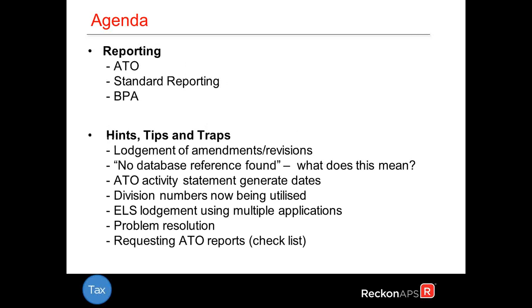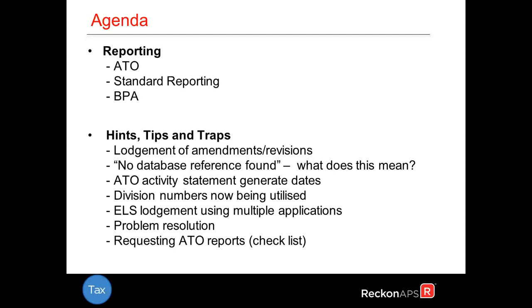We're talking about reporting: what ATO reporting is available to us, some of the enhancements or functionality around standard reporting within the Reckon APS product, as well as the capabilities of the BPA module. As usual, we're talking about the hints, tips and traps: the lodgement of amendments and revisions, and something you need to be aware of, and some of the pitfalls there.